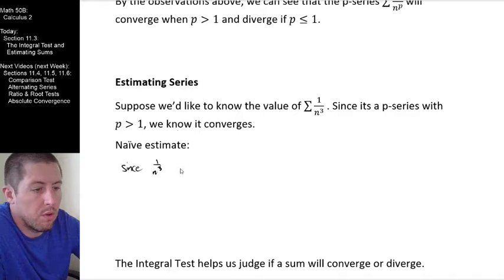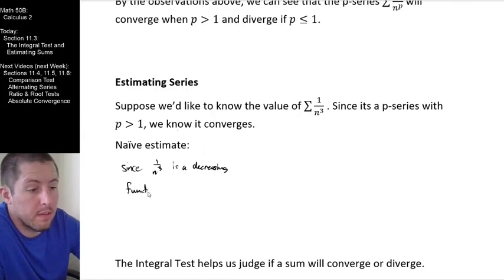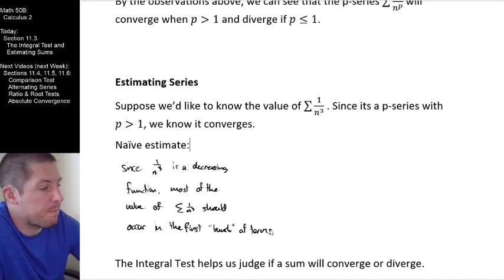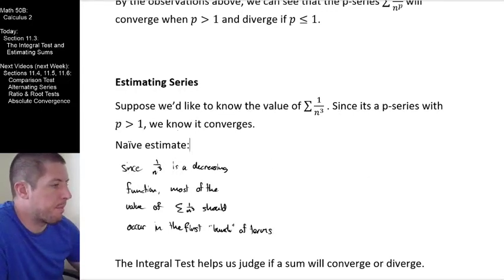Since 1 over n cubed is a decreasing function, and it decreases quickly, most of the value of the series 1 over n cubed should occur in the early terms. So let's just add up a bunch of them. Let's just get a couple leading terms out there.